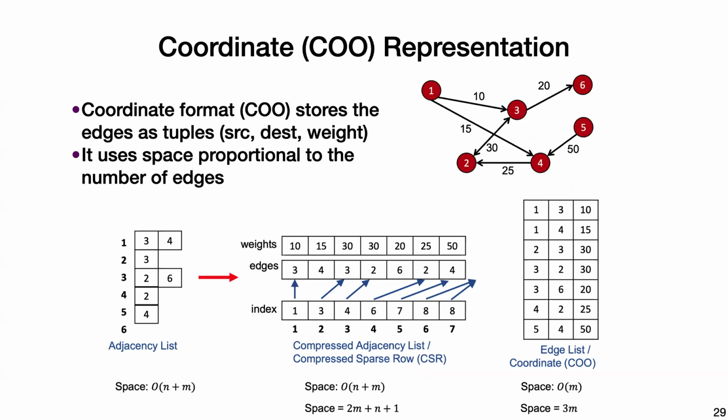If you go online and try to download these sparse matrices, they come in more or less this format, one per line: source, destination, weight. So here this is the edge 1 to 3, and it has weight 10. This takes space 3m, because you write one line per edge, which is m, and each one of them has 3 entries.